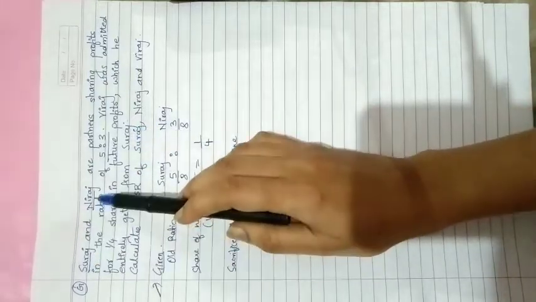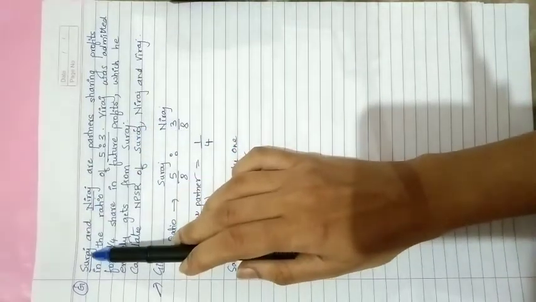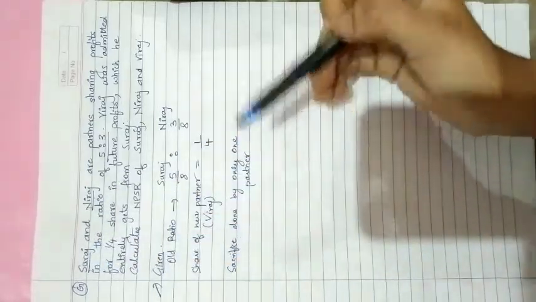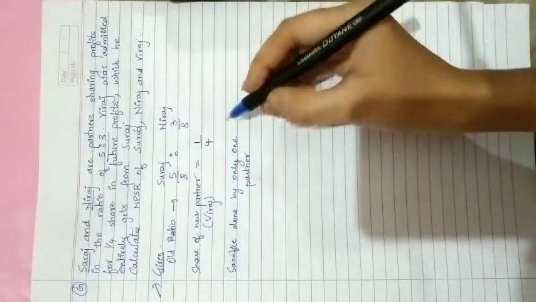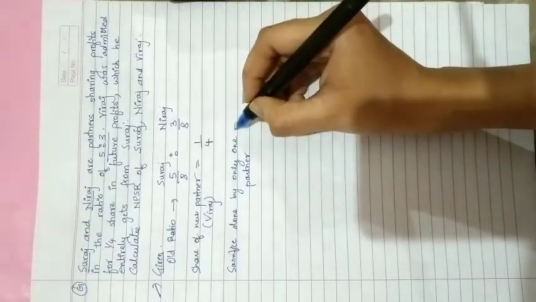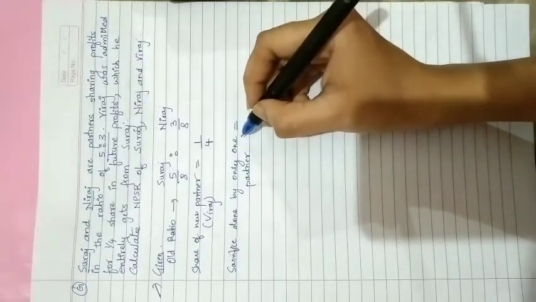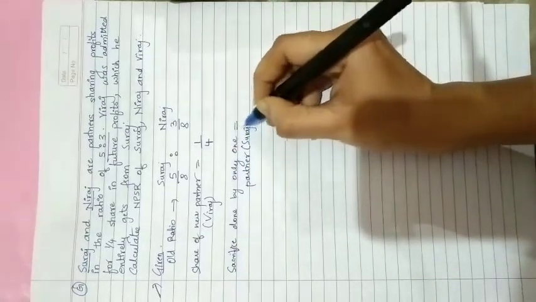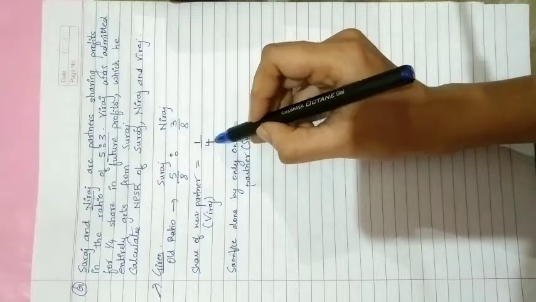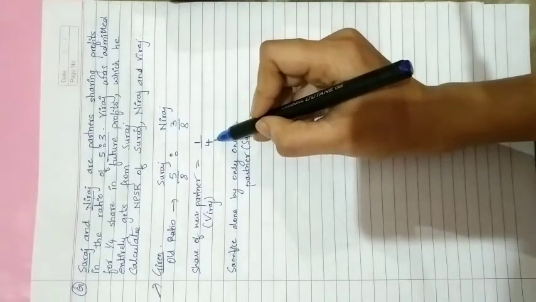There are two old partners, right? But only Suraj is sacrificing his share to give this to Viraj. Okay. So how much share must Suraj be sacrificing? Who is sacrificing this share? Suraj. How much is given to Viraj here? 1 upon 4.